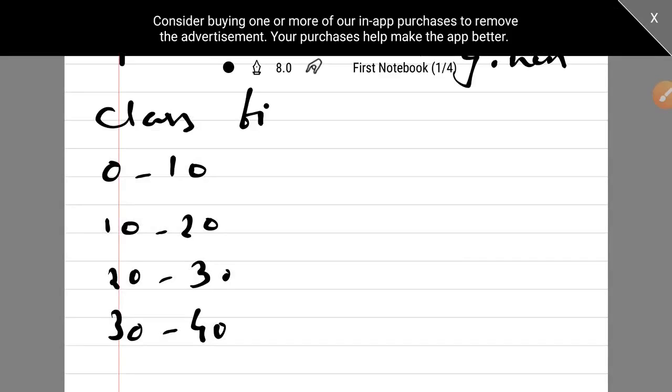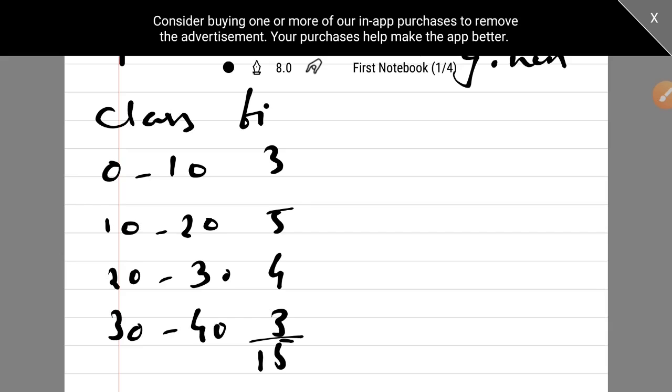So what is a frequency? Let's take a frequency as 3, 5, 4 and 3. What is total of this? 15. Now how will you find the median?